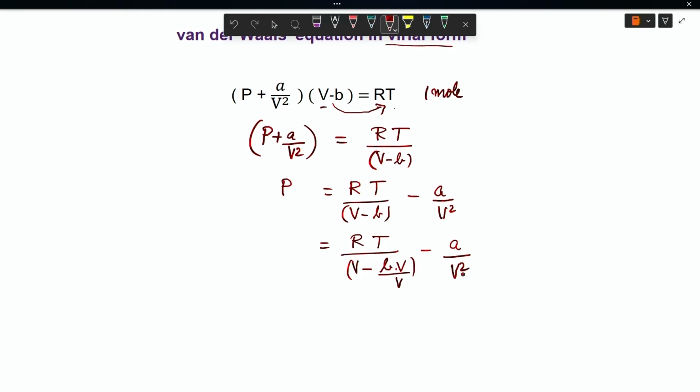Now, I am going to take V, that is in the denominator, as a common factor. So, that becomes RT over here. I have taken 1/V outside, that is V in the denominator. So, here taking V makes it 1 minus b/V, okay, minus a/V.